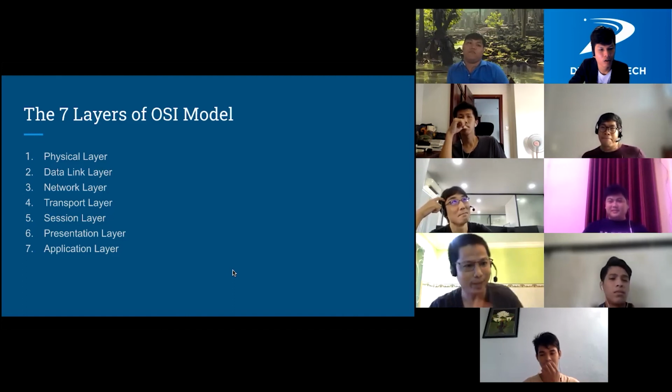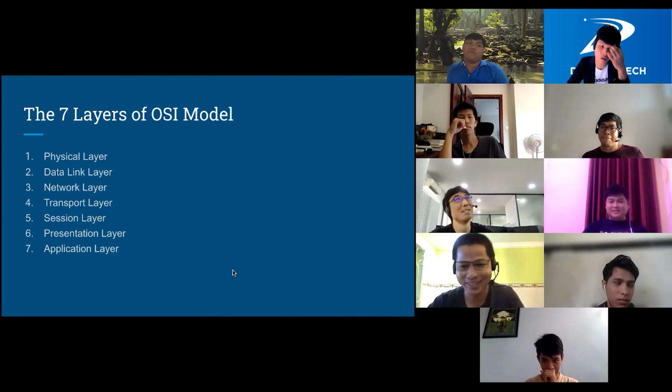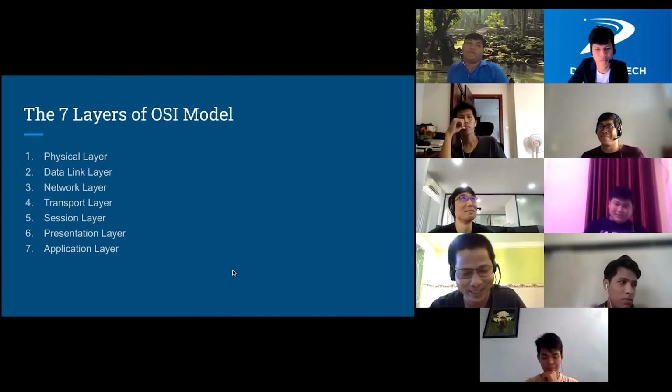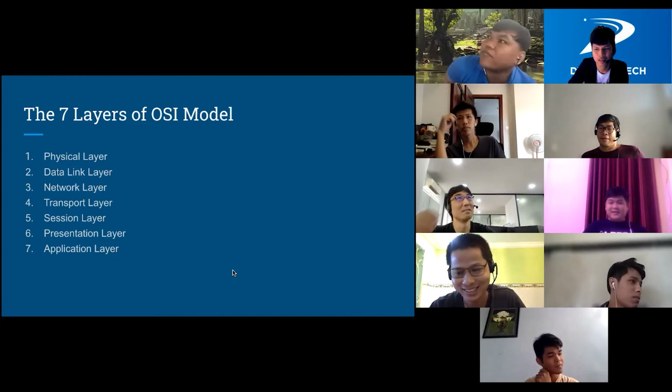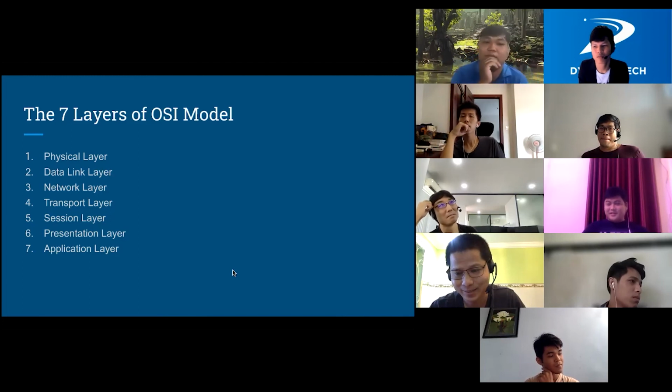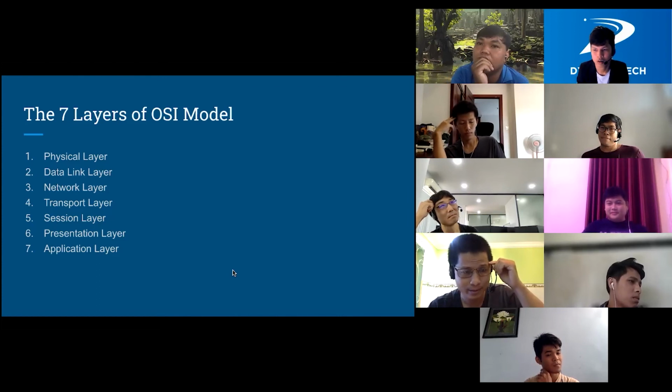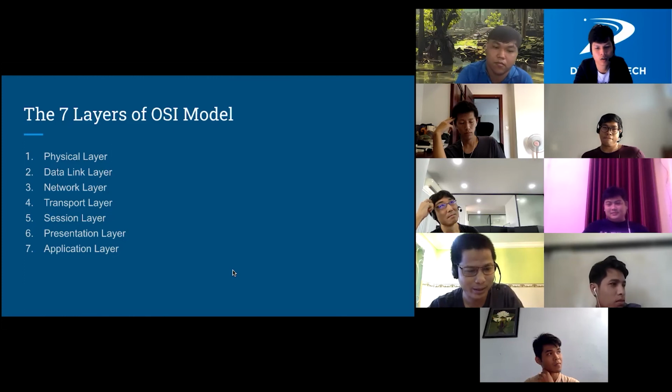Is it right? I don't know because I don't remember. But if the port has an issue, then it's the port problem. No, we say about the OSI layer. If your application sends the wrong port, which layer problem is this?